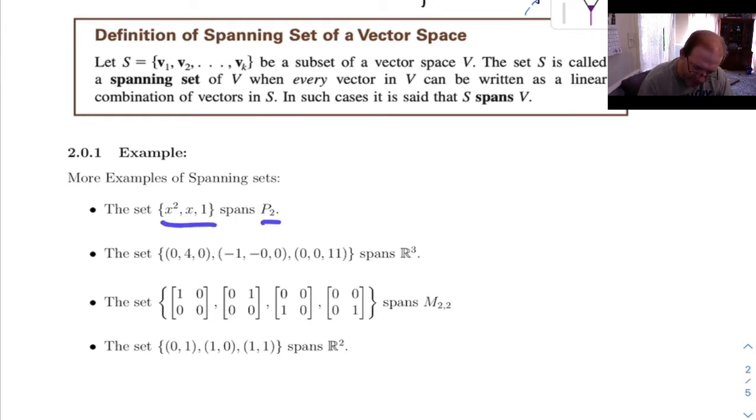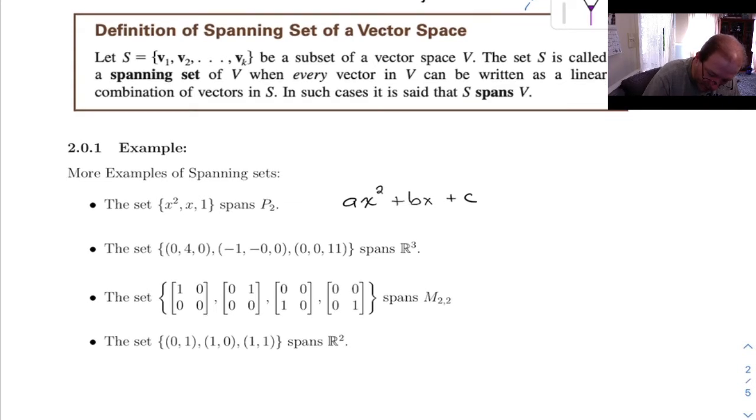So this set spans P2. And if you think about it, P2 is the set of all polynomials of degree 2 or less. So if you just wrote out an arbitrary polynomial of degree 2 or less, it would look like that. And you can definitely get this by taking linear combinations of these. I mean, it's practically written right there.